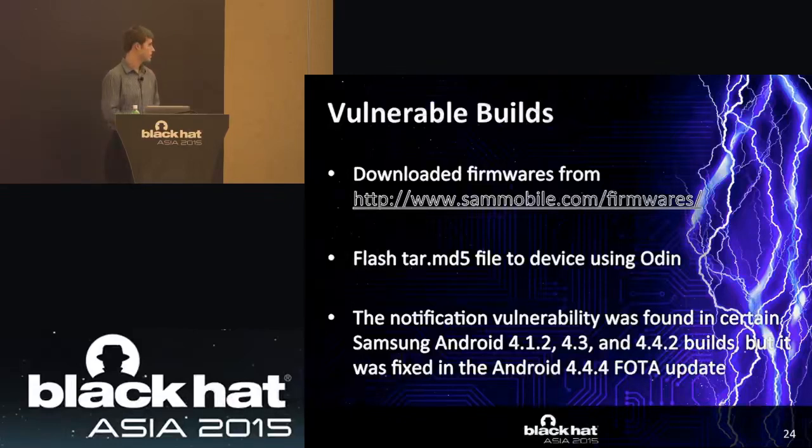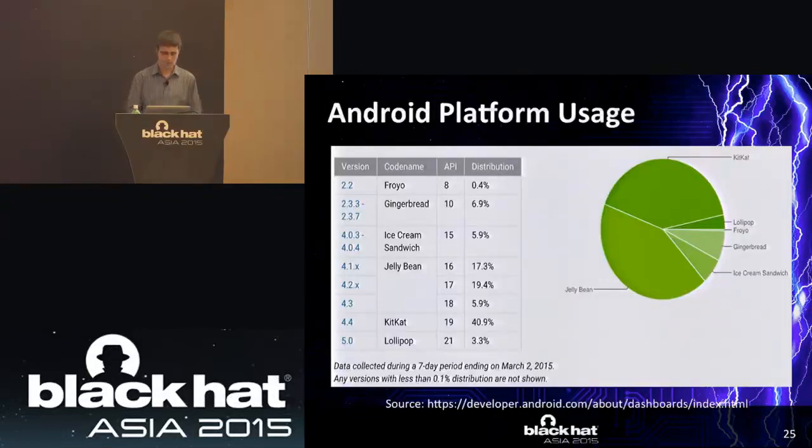And the vulnerability where the text of notifications is exposed is only in certain builds from Android 4.1.2, Android 4.3, and Android 4.4.2, and it got fixed in Android 4.4.4, and it's not present in Android Lollipop.